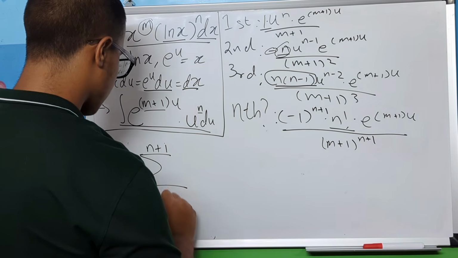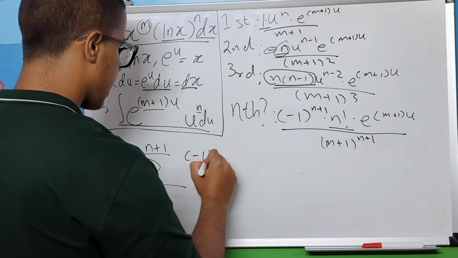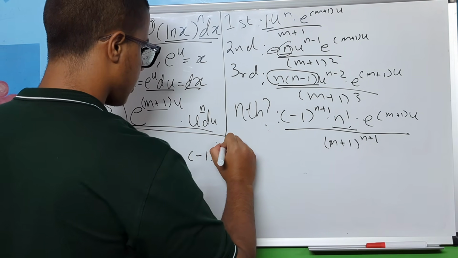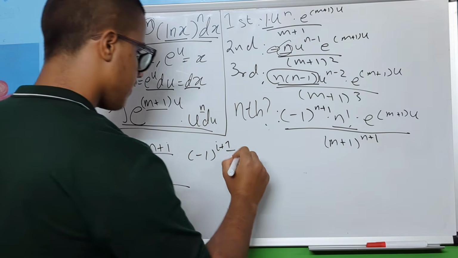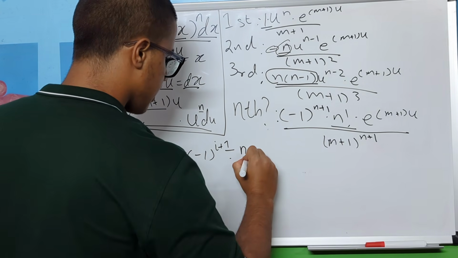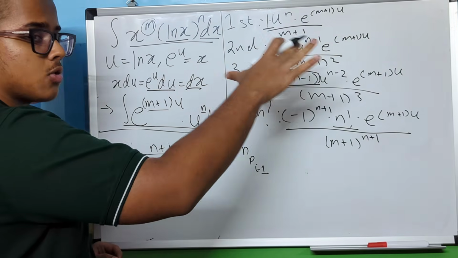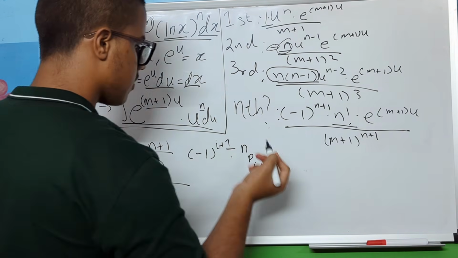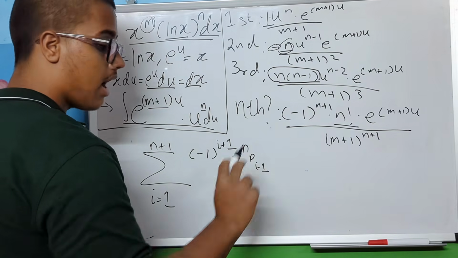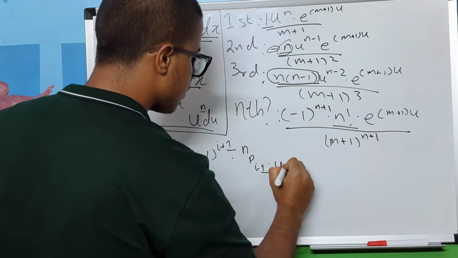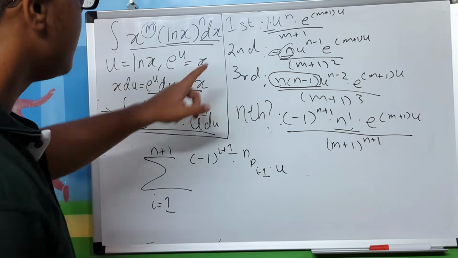We can start it from 1 and then we'll add a sign, starting from i plus 1 because we want the first term to be positive. And then we'll do that with nP(i minus 1), because we want nP0 to be in the first term, and since we started from 1, it'll be i minus 1 in the right section of the nP. And then we can do this with u.